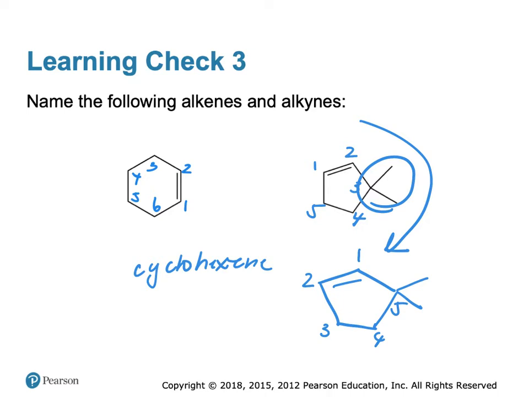And we can get lower numbers by numbering the way I did on top. So this compound is going to be designated 3,3-dimethylcyclopentene. Again, we do not need to give a number to the double bond because it is at carbon 1.